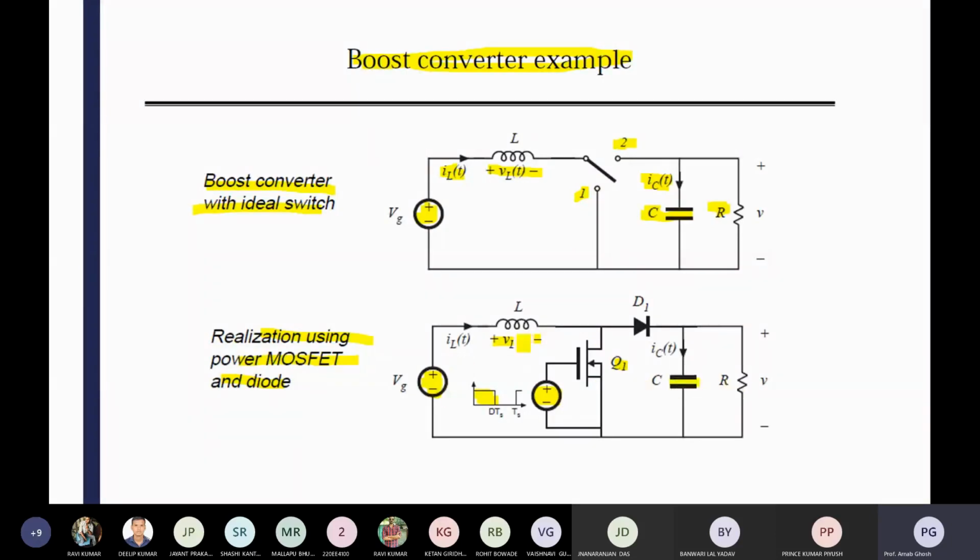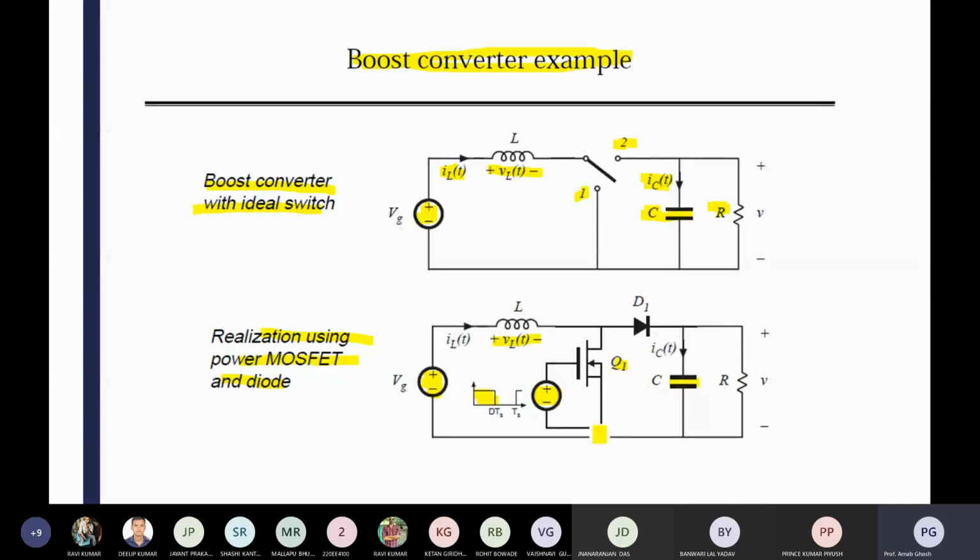The other current flows in this direction, so the inductor will be charged. What will be that inductor voltage? It is Vg minus 0.